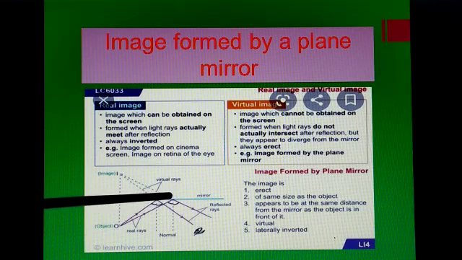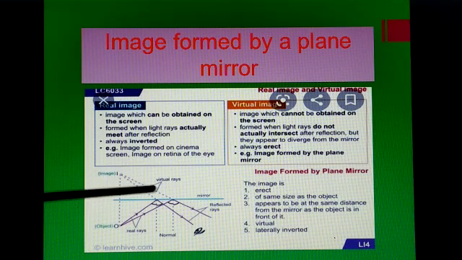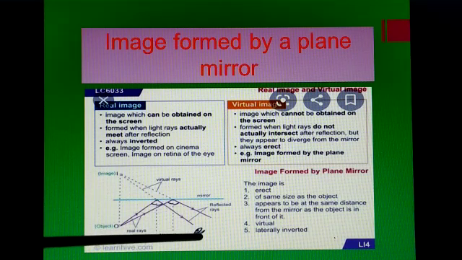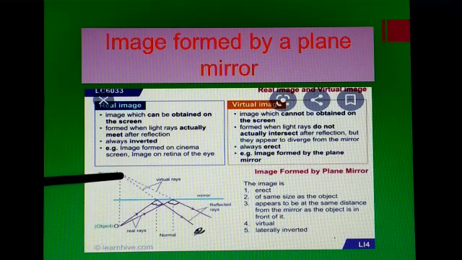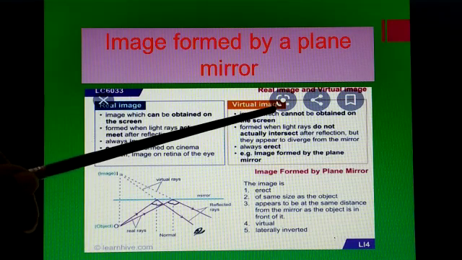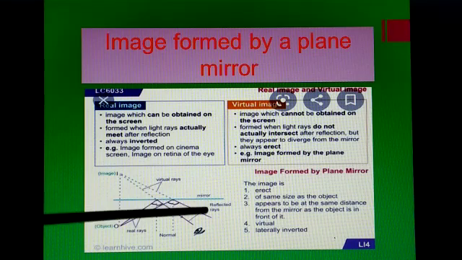But we feel that they are intersecting at a point, so the position of the image will be here. The actual rays are not intersecting, but we feel that they are. Such images are called virtual images. So we can say that the image formed by a plane mirror is a virtual image.